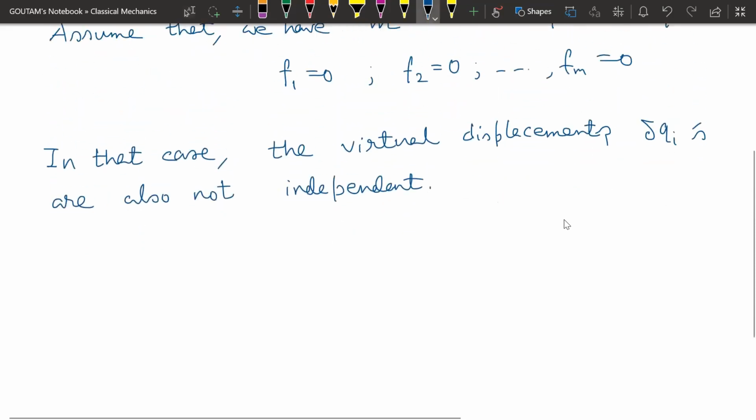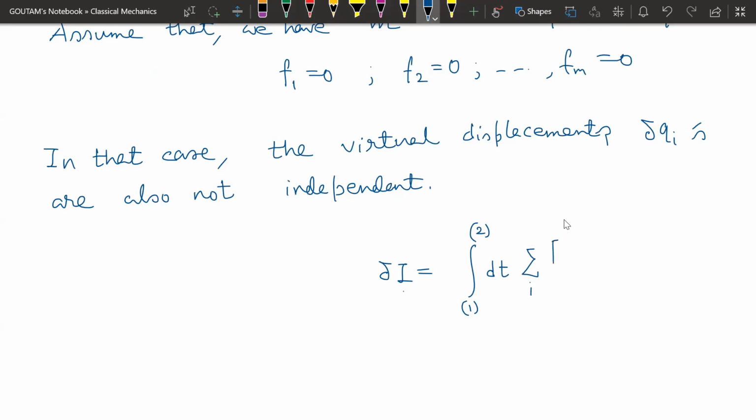So if you remember, the variation of the action I that we got, from point 1 to point 2, dt, sum over i, d/dt of del L del qi dot minus del L del qi, delta qi equals to 0.